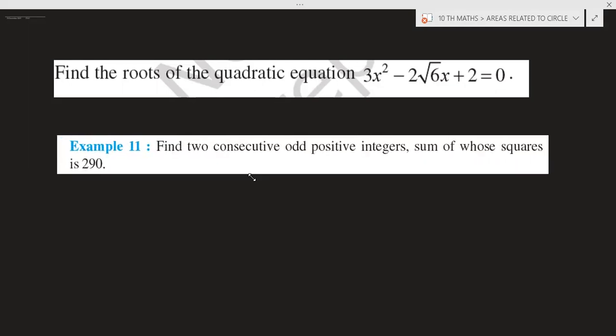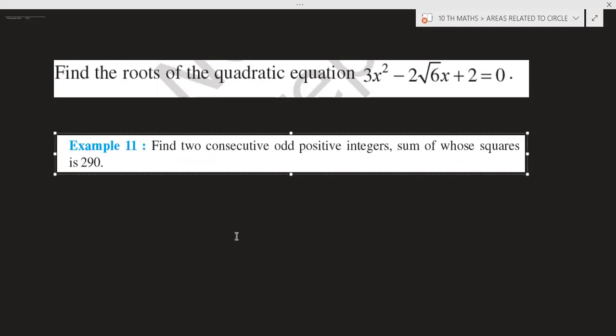Azaan, try to solve these questions. Okay. Then we will start areas related to circle. Okay, sir. I'm giving three questions.